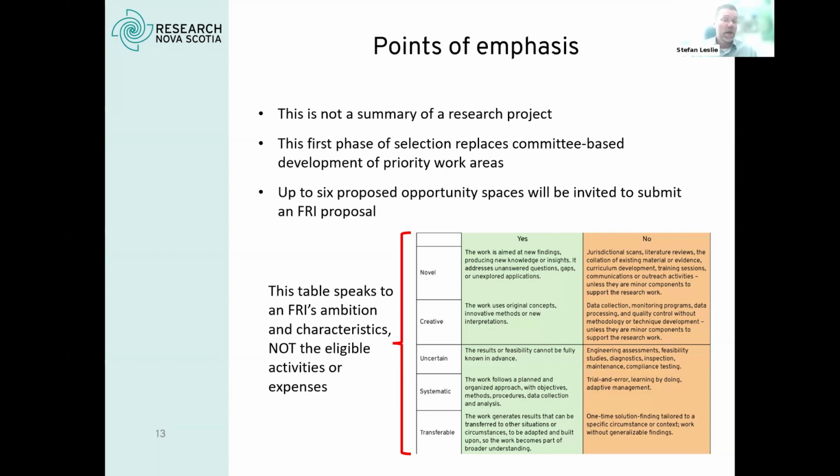If you have read the strategy and the 3-year operating plan that's on our website dating back from last November, this opportunity space proposal process is a substitute for an alternative mechanism that we had anticipated using, which I don't really need to go into a huge amount of detail.